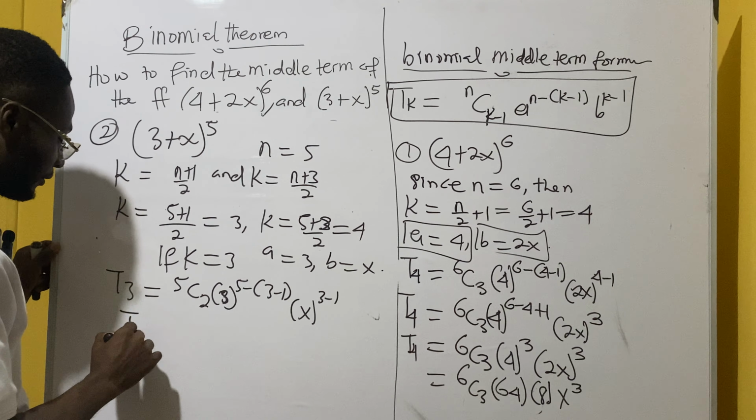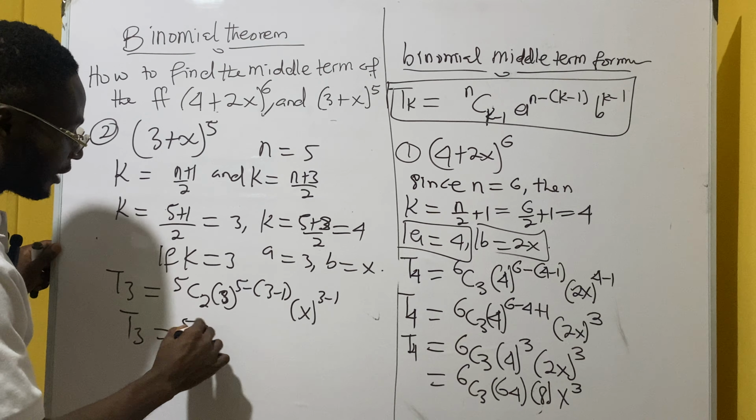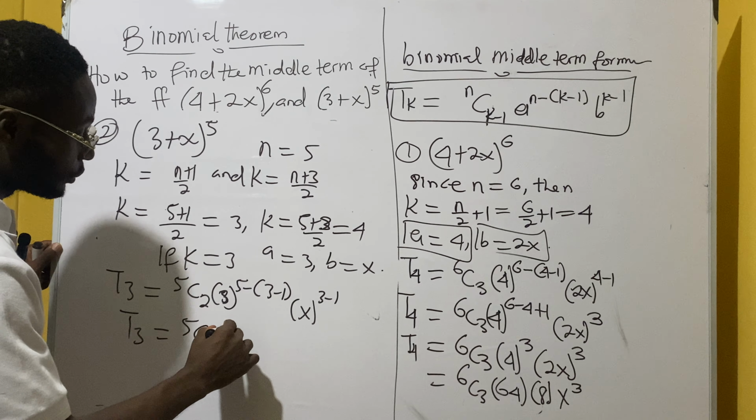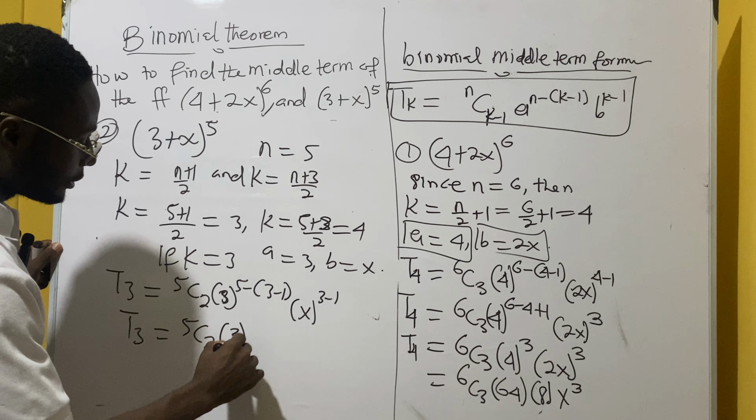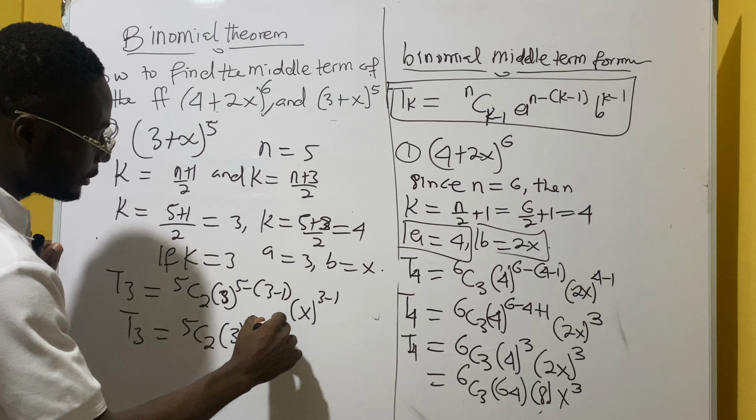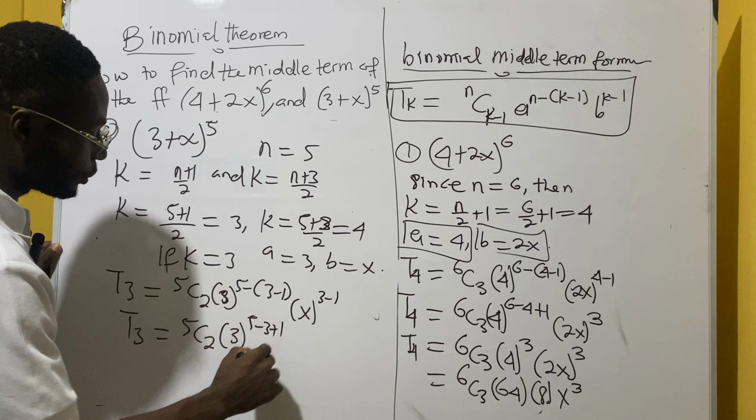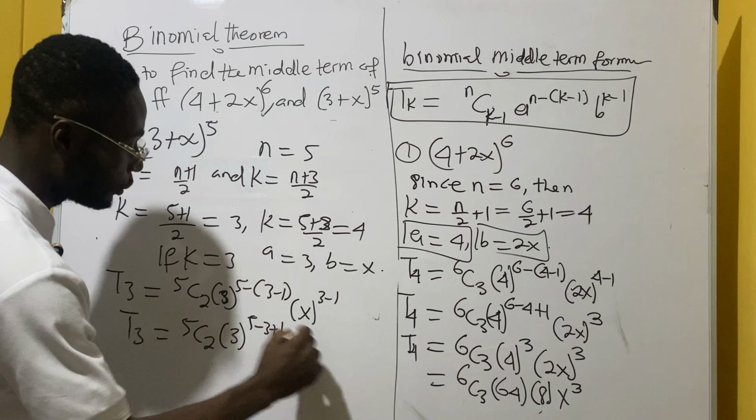So we're going to have our middle term to be equal to 5 combination 2 into 3 exponent 5 minus 3 plus 1, x exponent 2.